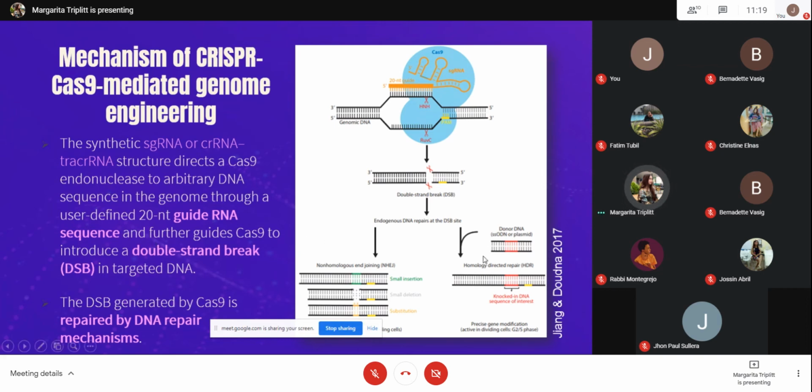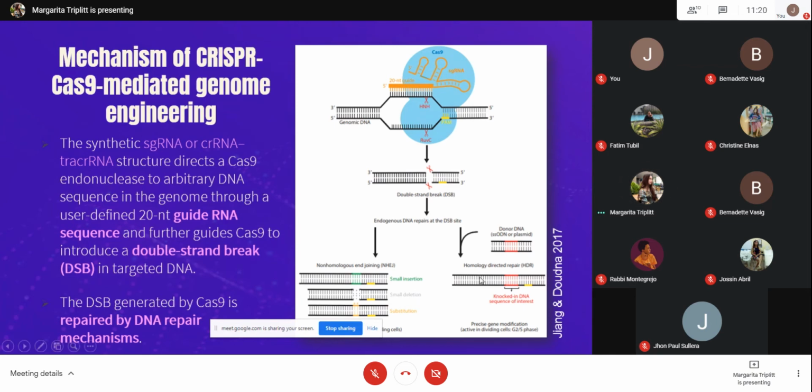So in another way, in the presence of a donor DNA or donor template containing the sequence of interest, HDR comes into place. HDR or homology directed repair can be initiated to create desired mutations, unlike NHEJ.